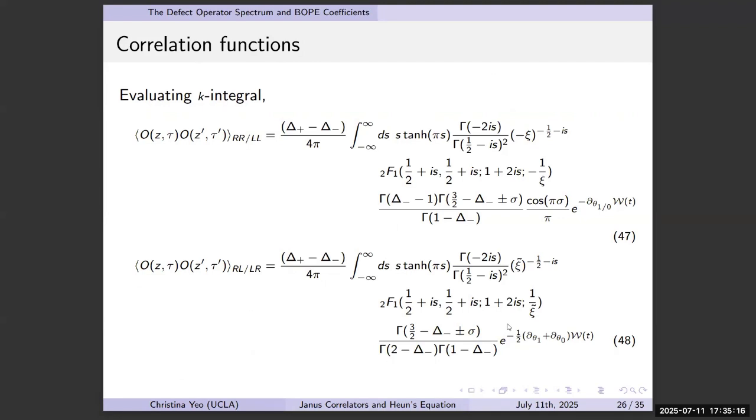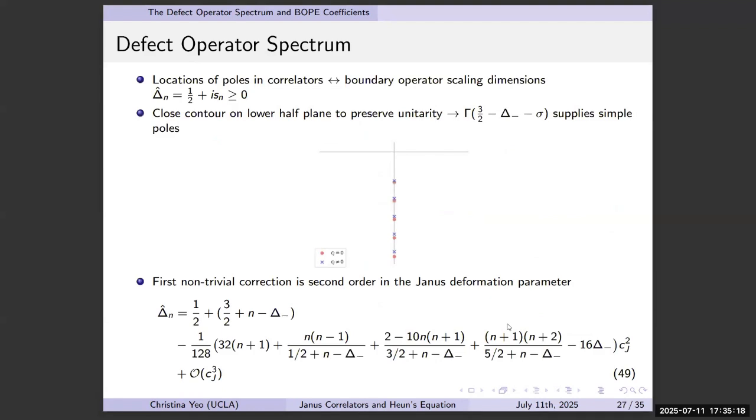Cool, so we are ready to read off the boundary operator scaling dimensions, which are again going to be the locations of the poles. I understand the logic. So the logic is that for the boundary two-point correlation function calculation, you start from some bulk-to-boundary propagator or something like that, taking the limit.